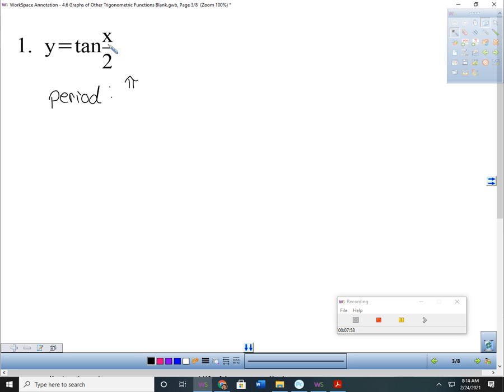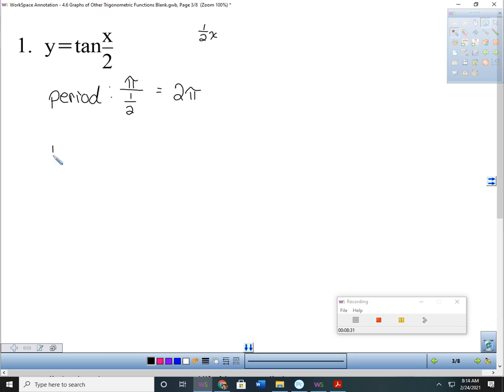So we're going to take that pi and divide it by whatever we are multiplying the x value by. I like to move the x to the side, so this is really 1/2 times x, right? So I'm going to divide pi by 1/2, and anytime we have a fraction inside of a fraction, we keep, change, flip. So I would multiply by the reciprocal of that 1/2, which gives me 2 pi.